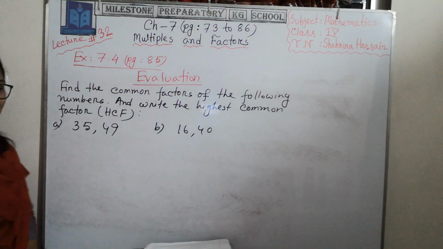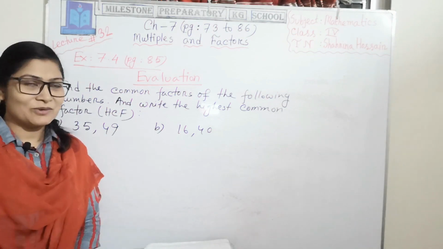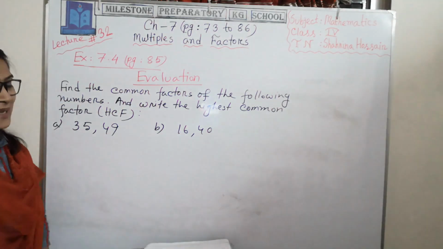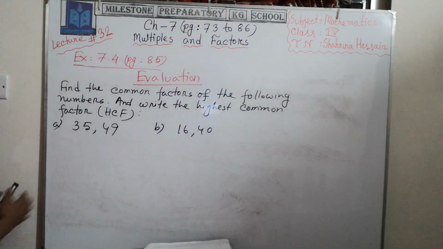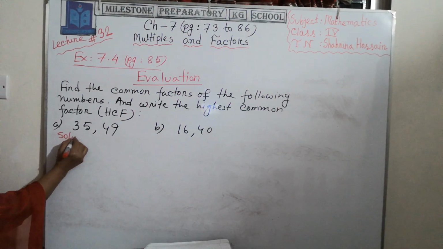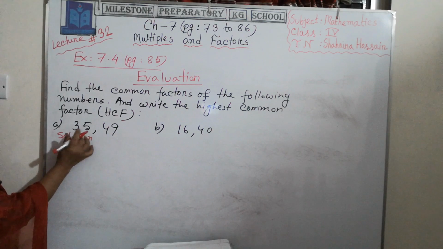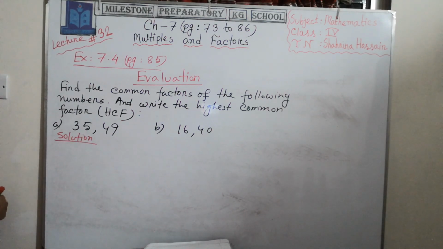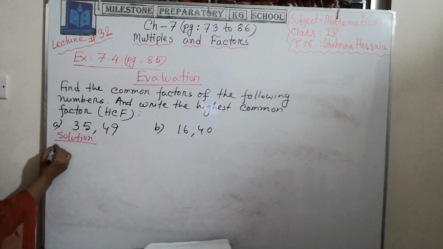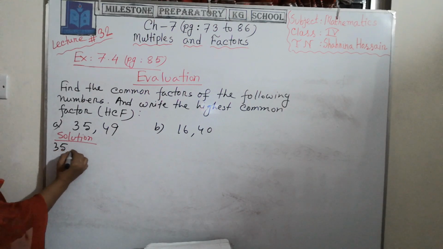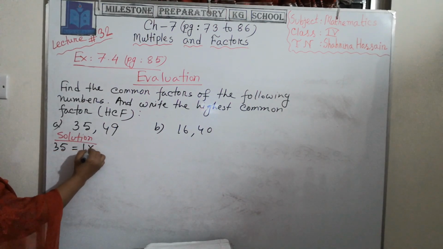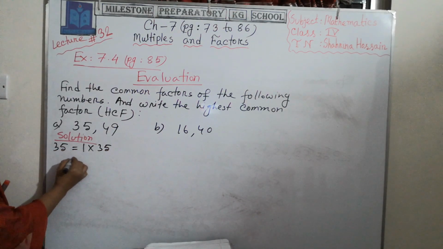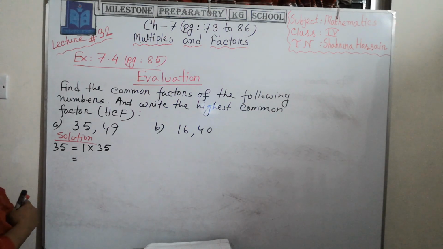Have you done? Okay, now match with me. At first, number A. How can we do this? Solution. See, 35 is equal to 35. Then how can we divide 35?